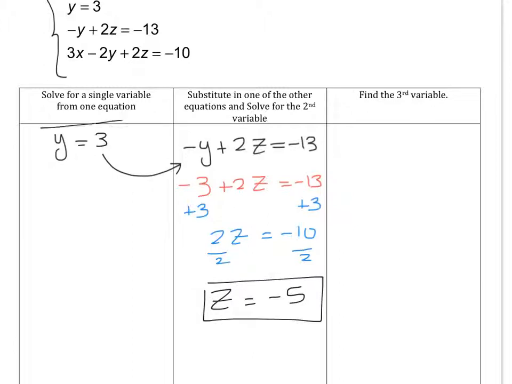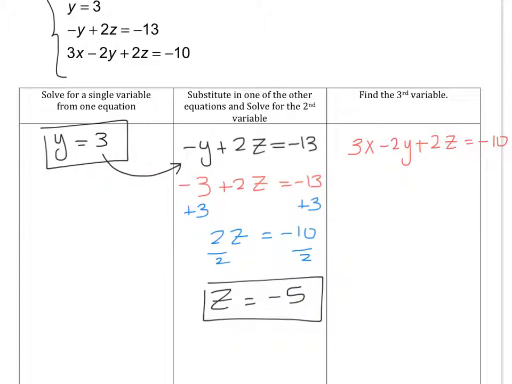So now we have two variables. Now if you look at the last equation, which is 3x minus 2y plus 2z equals negative 10. I don't know how much x is. I know though how much y is, and z is equal to negative 5.